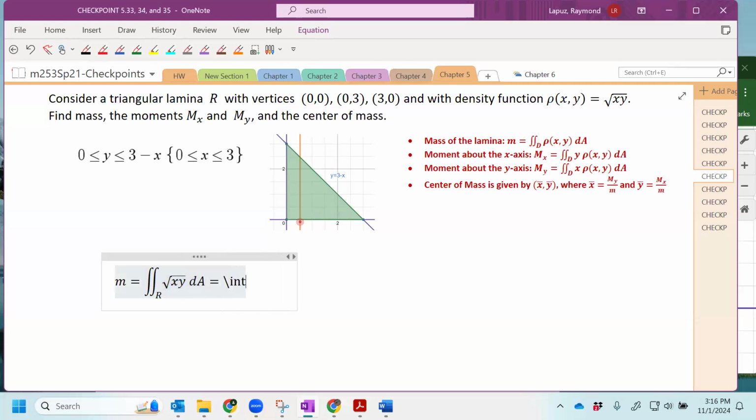So the outer integral will have limits going from 0 to 3, and then the inner integral will have limits going from 0 to 3 minus x.